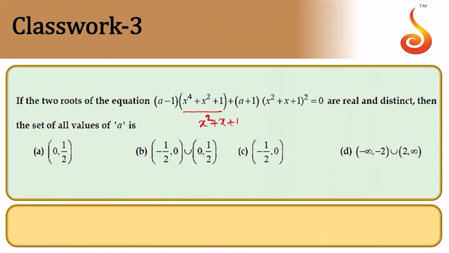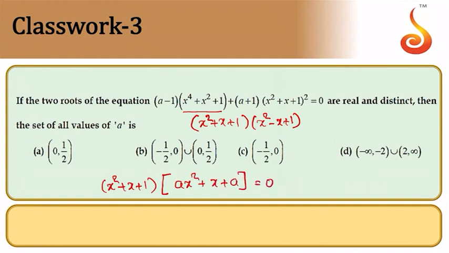Example 3. If the two roots of this equation are real and distinct, then find the set of values of a. If we observe this one, the factors will be x square plus x plus 1 into x square minus x plus 1. So throughout, what will be common? x square plus x plus 1 is common.